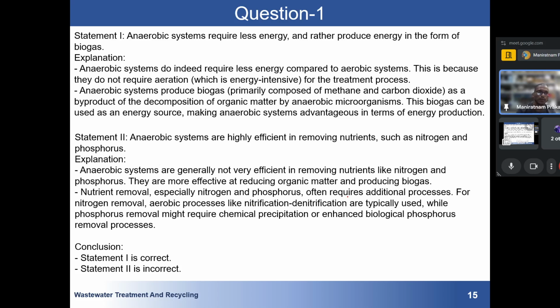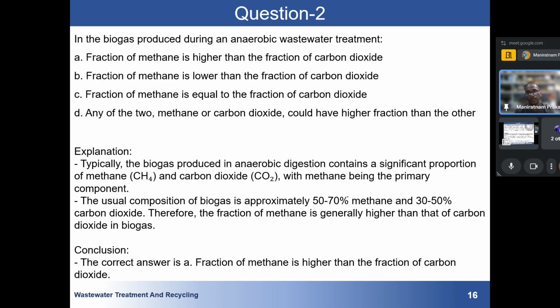We will see in upcoming lectures how denitrification and other things occur. But when we are discussing the anaerobic reactor, we are mainly focused on treatment of organic matter.